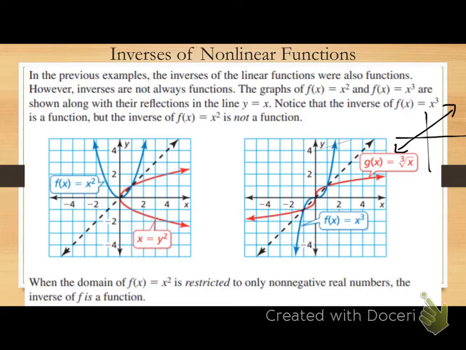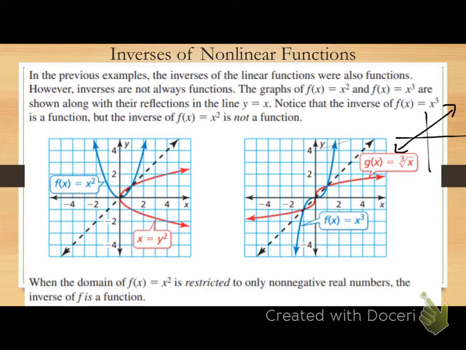If you look at the inverse of f of x equals x cubed, this is a function because it passes my vertical line test. It's only going to hit 1 point at a time if I drag my vertical line across. However, the inverse of f of x equals x squared is not a function because it's hitting 2 points at the same time. Does everyone see that and understand that?